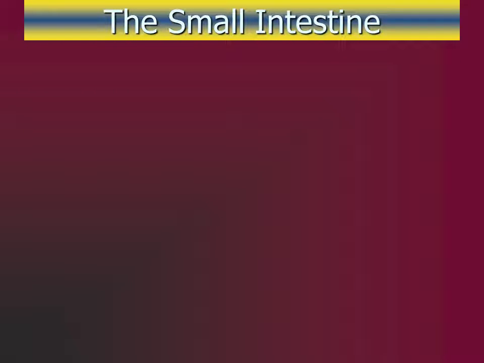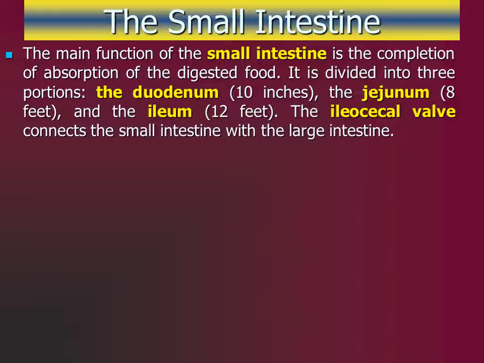The small intestine. The major portion of absorption and digestion occurs in the small intestine. It is approximately 21 feet in length and averages 1 inch in diameter. The small intestine is divided into 3 portions. First is the duodenum, which is the shortest part, and is about 10 inches long.